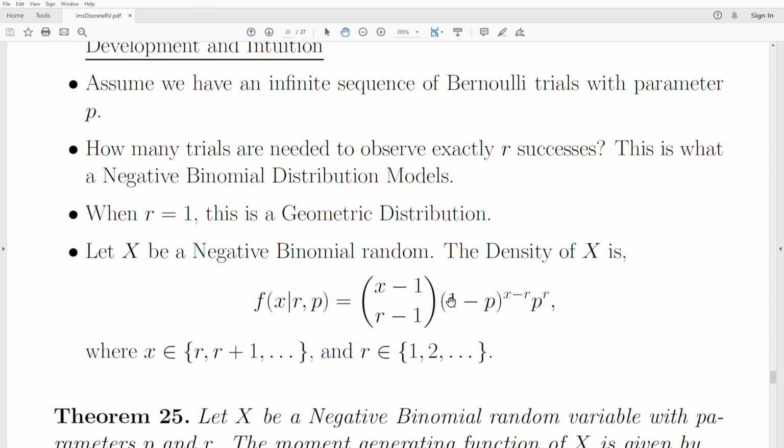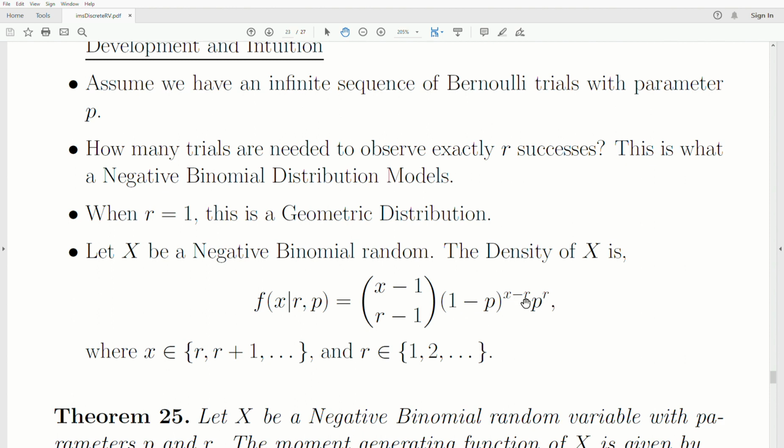Could be more. But if the last trial is a success, that means in the previous x minus 1 trials there were r minus 1 successes, and they can be mixed in there anywhere, right? We don't know. So the probability of r successes is p to the r.